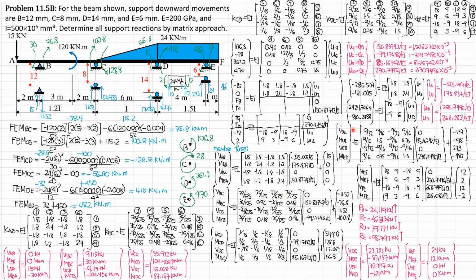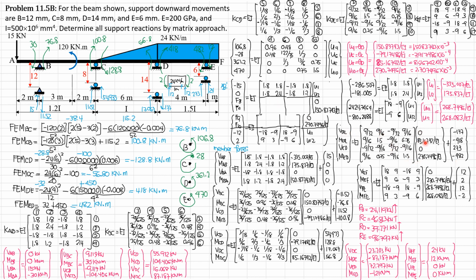DE, this one, stiffness of DE. Then this is U7, 0, U8, U9, 0, U10. Then fixed forces, negative 177. This is clockwise, so negative 418. This is upward 273, so positive 273. Then clockwise, so negative 482.